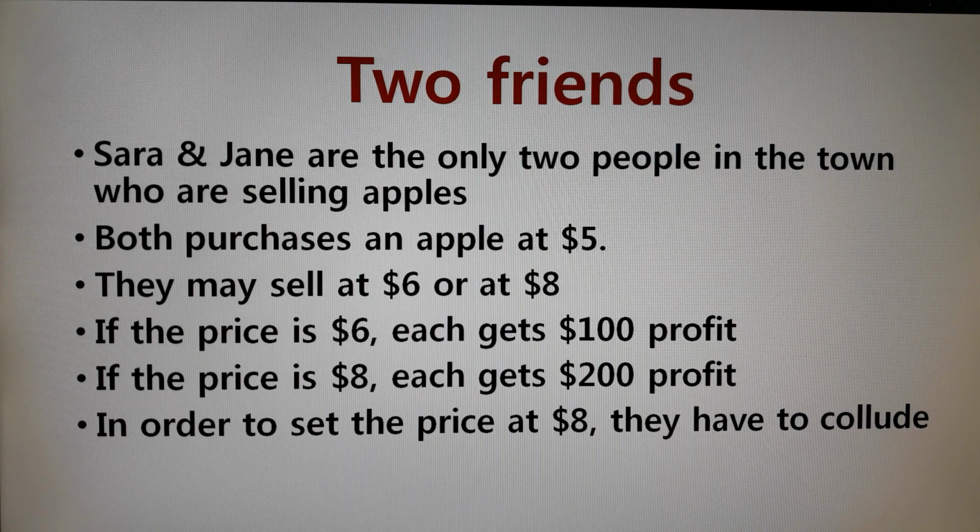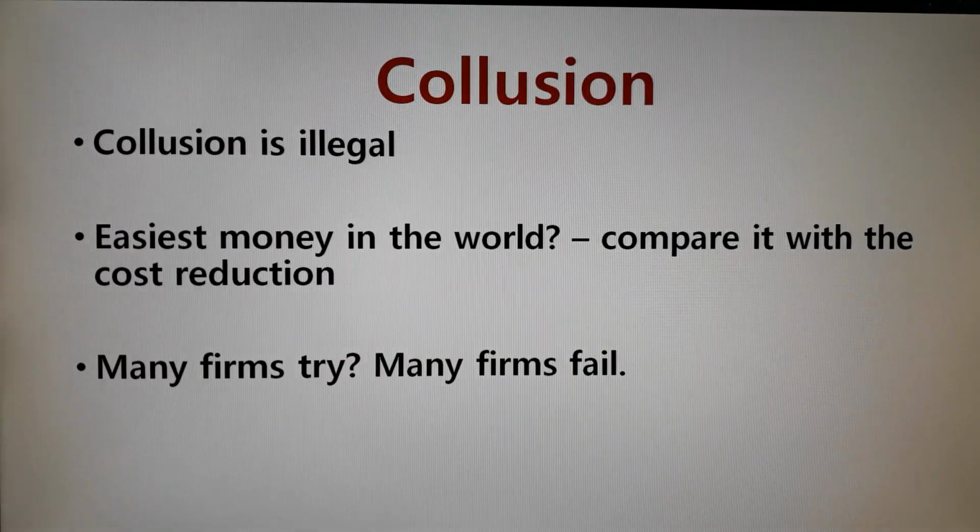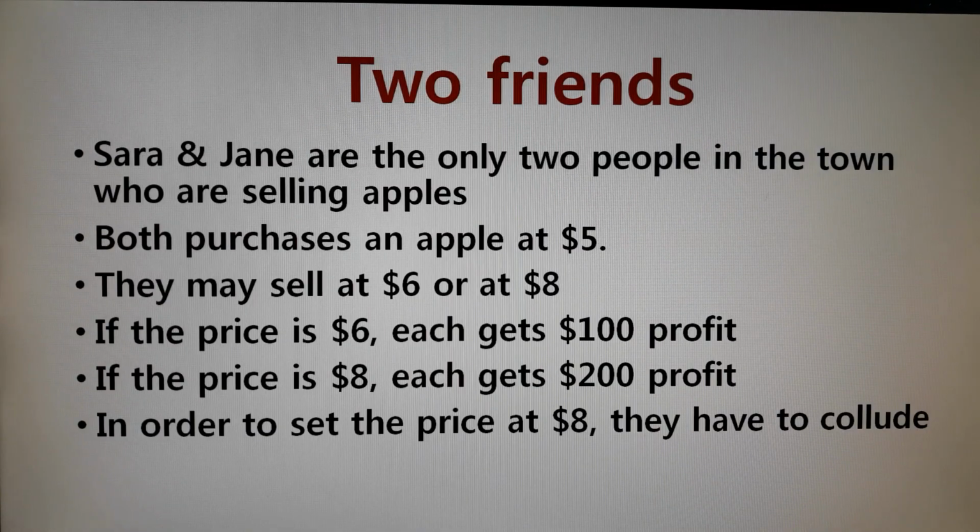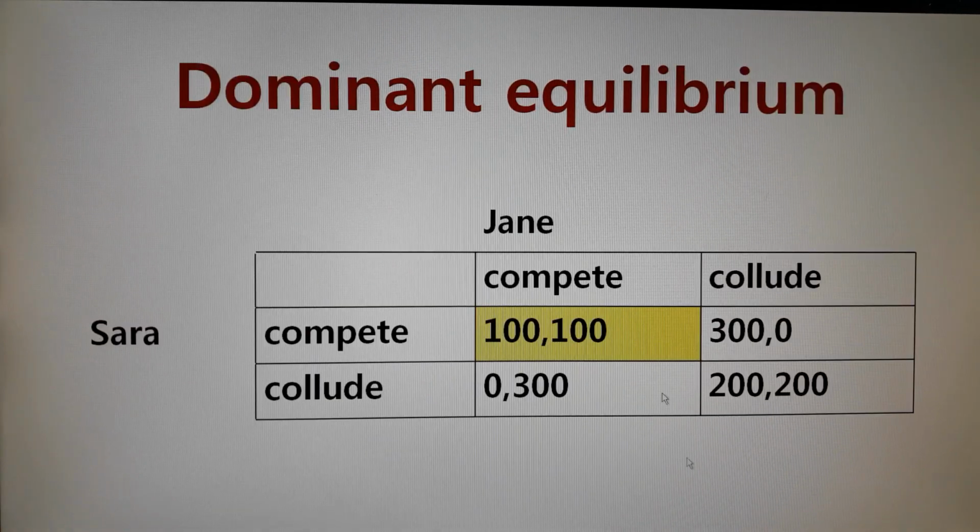What does that mean? Let's assume Sarah and Jane both charge $8 and they are making $200 profit each. If Sarah and Jane collude, which means charging $8, then Sarah gets 200, Jane gets 200.